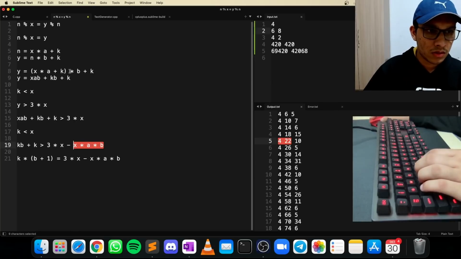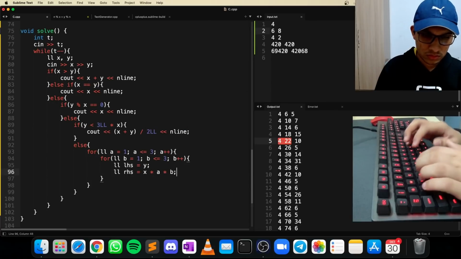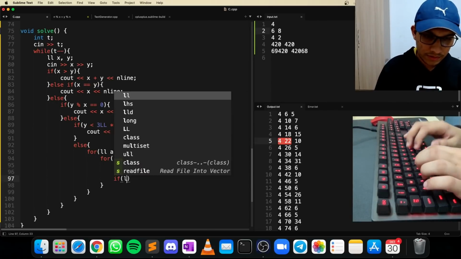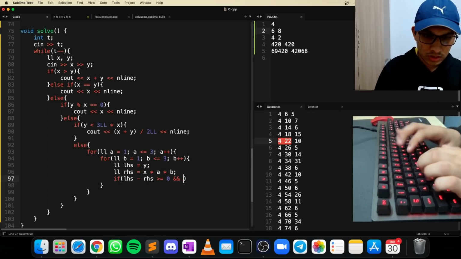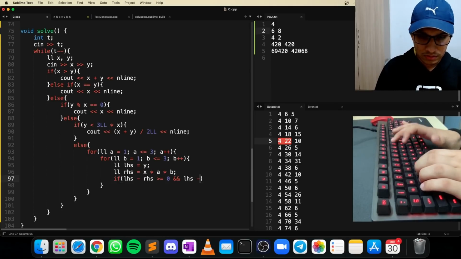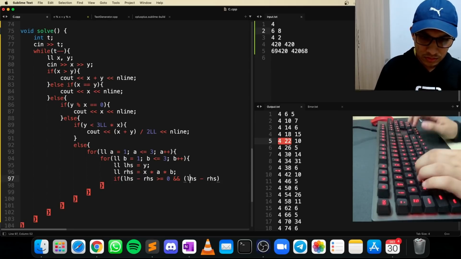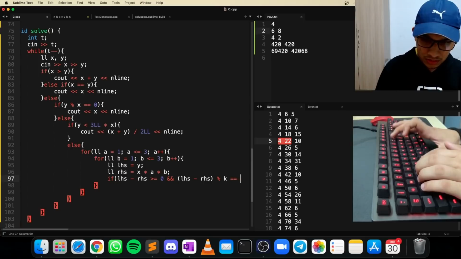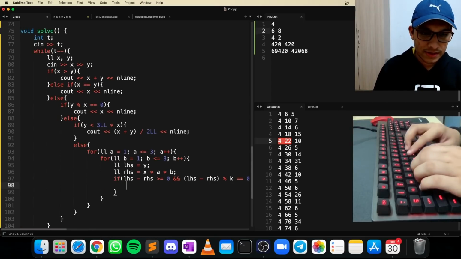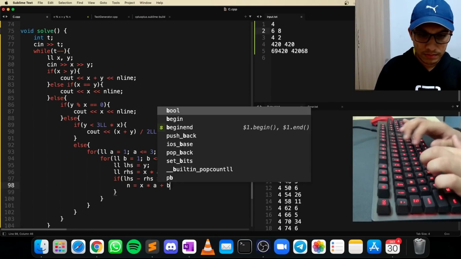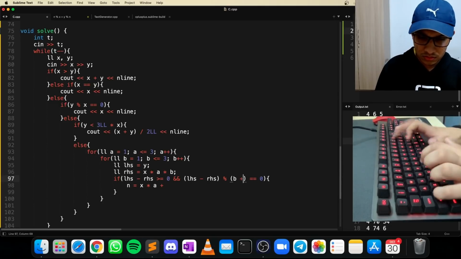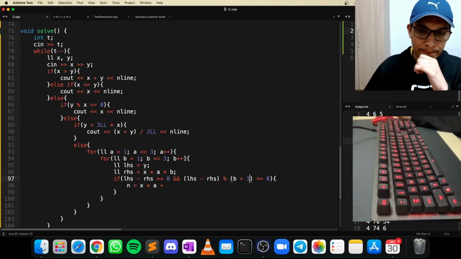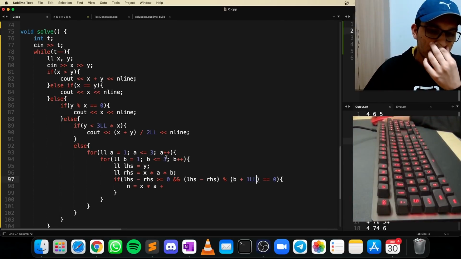RHS equals xab. If LHS minus RHS is greater than or equal to 0 and LHS minus RHS modulo b plus 1 equals 0, then in this case my n equals x into a plus k, right? Okay, so I'm trying out a and b here.